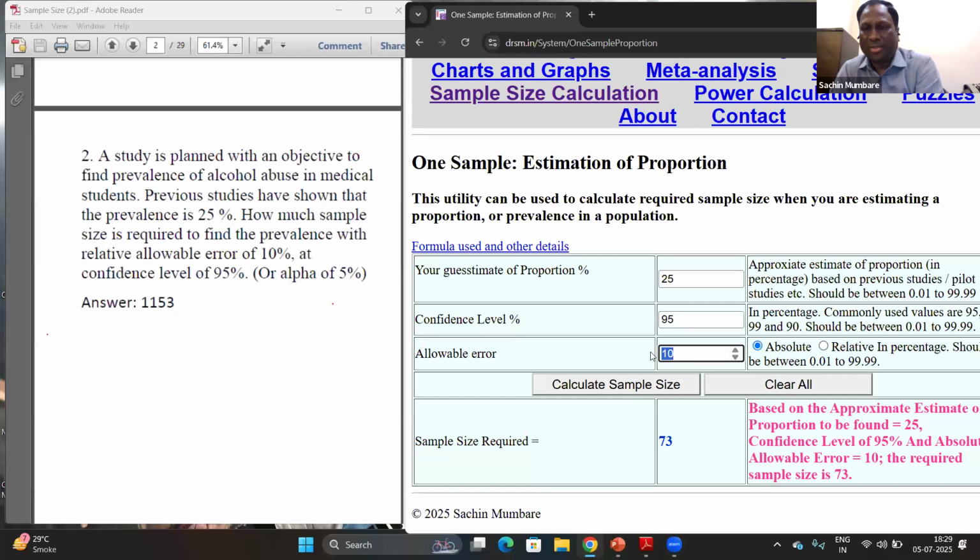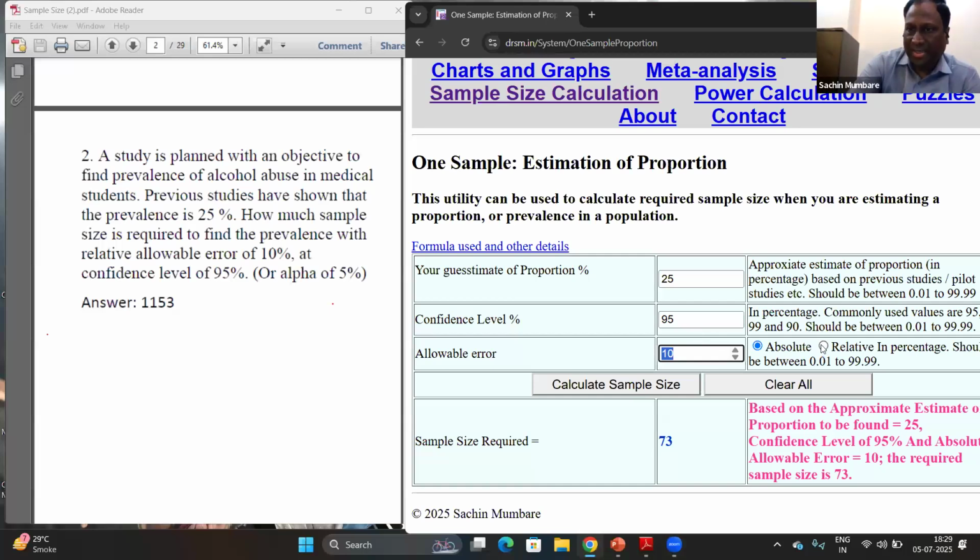You got the point? Yes, sir. Any question? So 20% of relative allowable error is equal to how much of absolute allowable error? 5. That's correct.